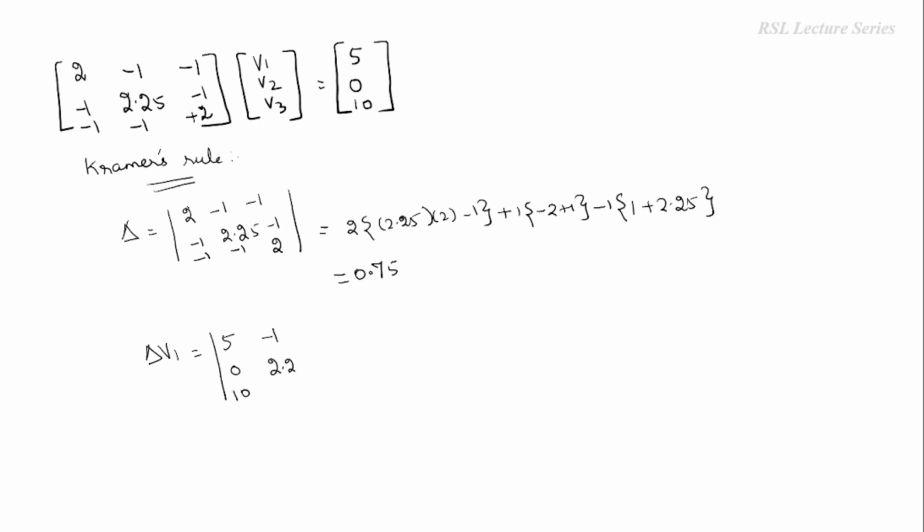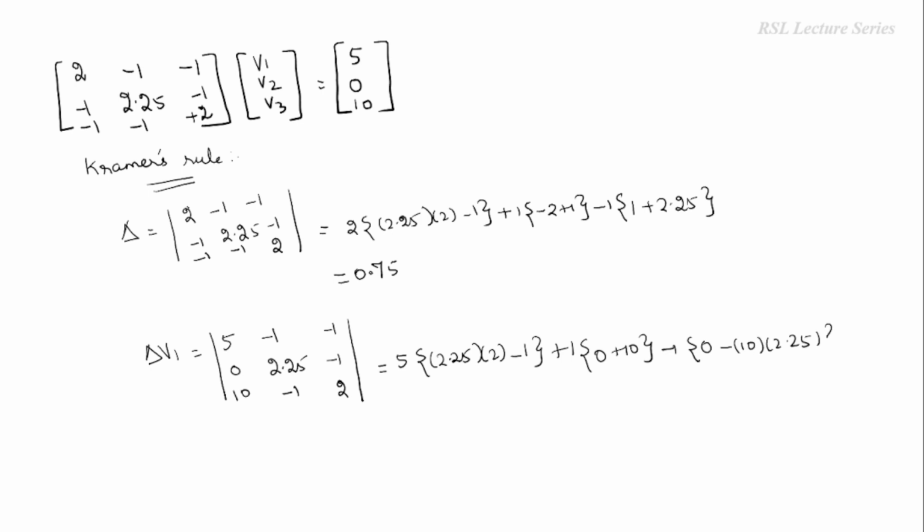Now we have to find out the determinant value. 5 multiplied by 2.25 into 2 minus 1 plus 1 into 0 plus 10 minus 1 into 0 minus 10 into 2.25.